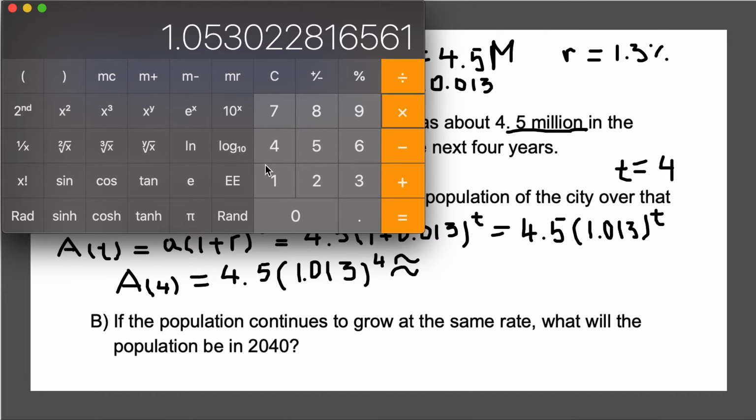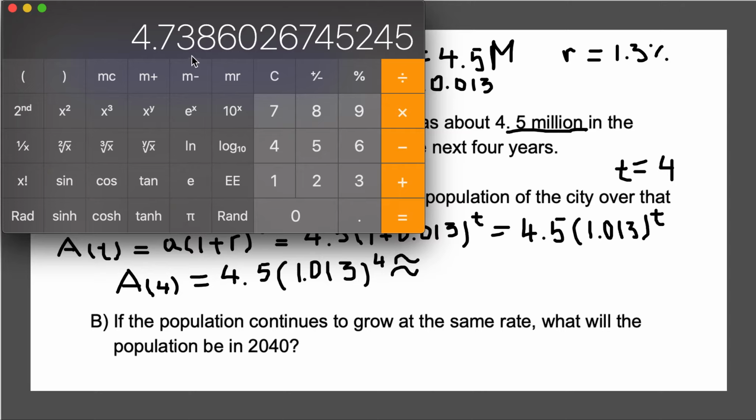So times 4.5, which is 4.738. If I approximate to 2 decimals, it's 4.74 million.